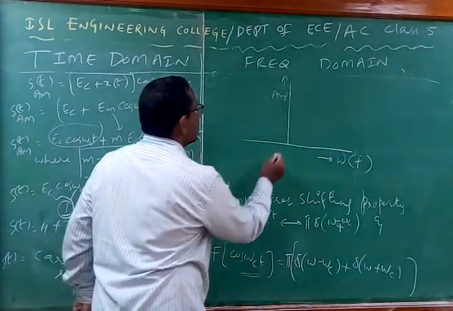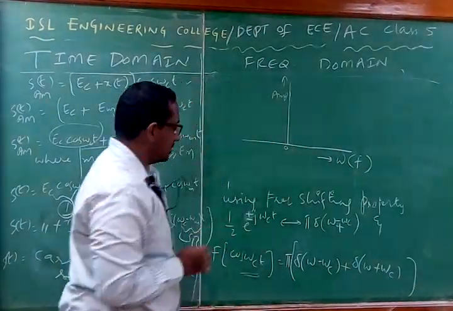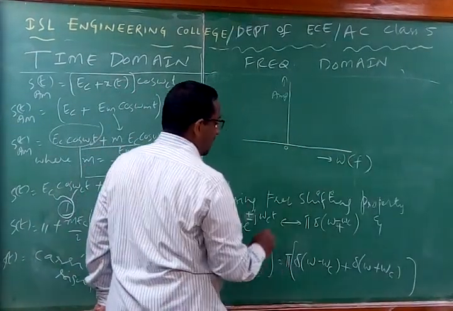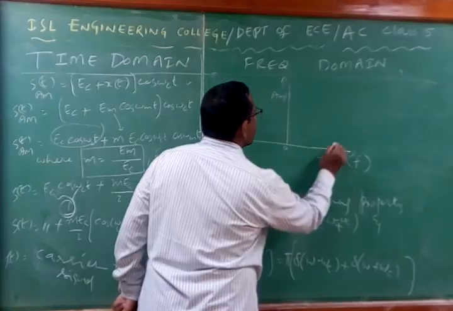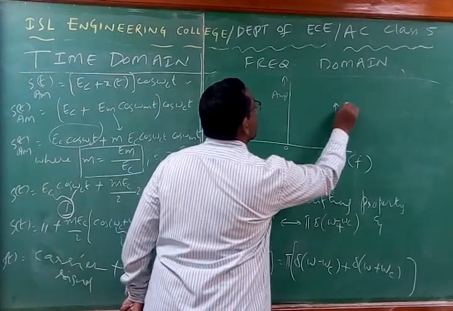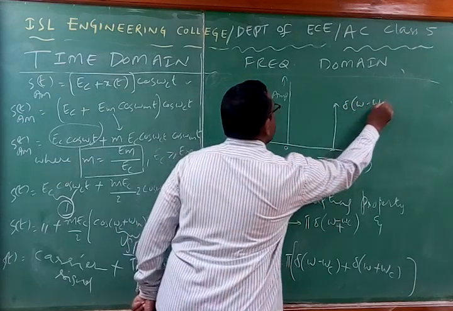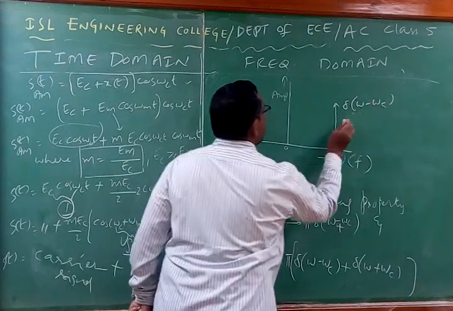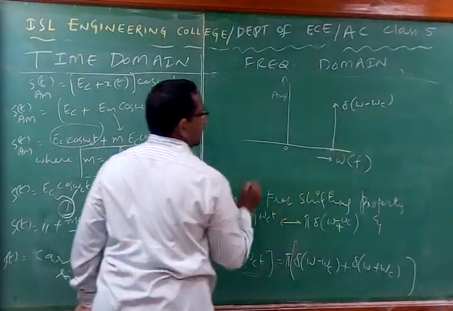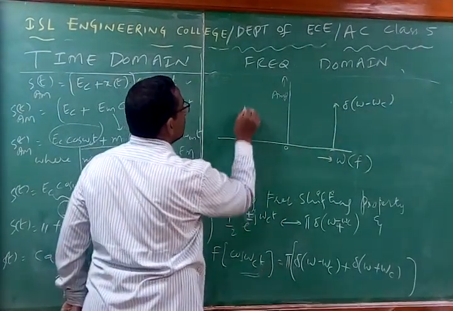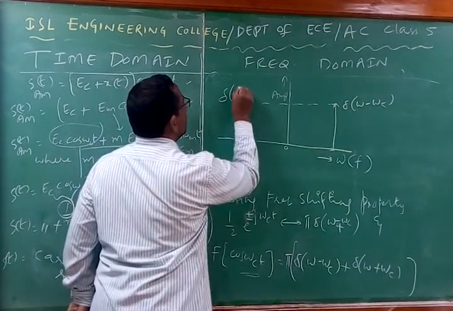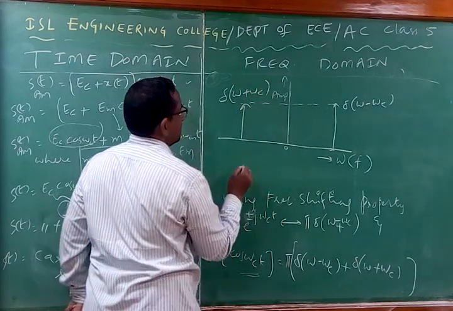On this frequency axis, this is the 0th point, the origin. Now on this frequency spectrum we have omega c. This is an impulse I get, delta of omega minus omega c. It is a shifted signal by omega c. Then on the other side, I get the same spectrum with the same amplitude, which has delta of omega plus omega c.